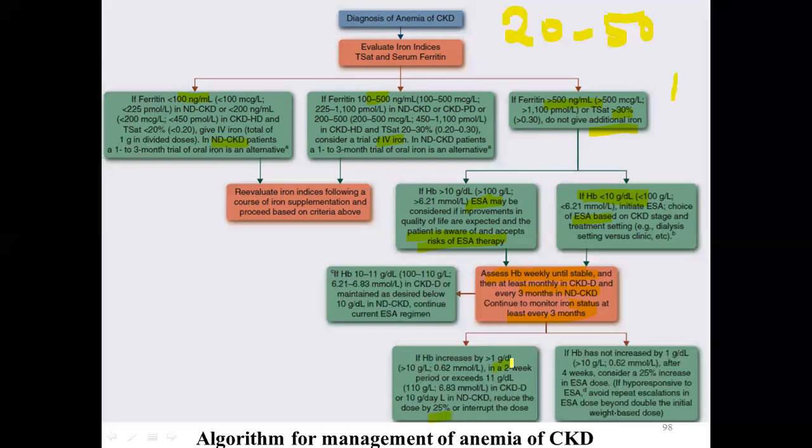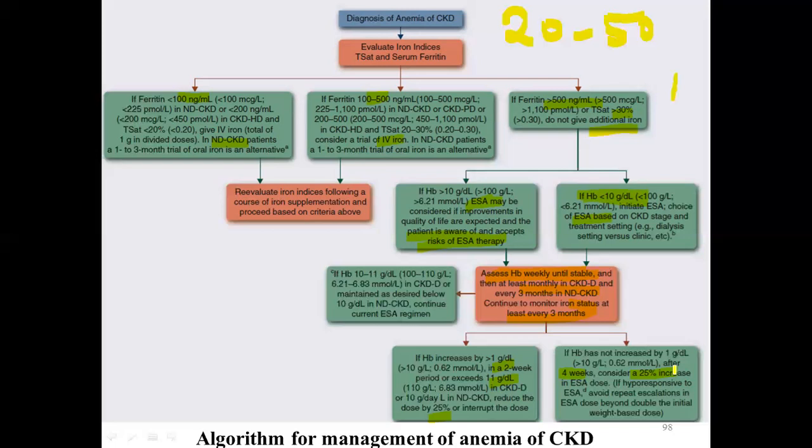If you don't see any change, especially after 4 weeks, you need to consider a 25% increase in the dose of ESA. So in summary, those are the most important parameters.